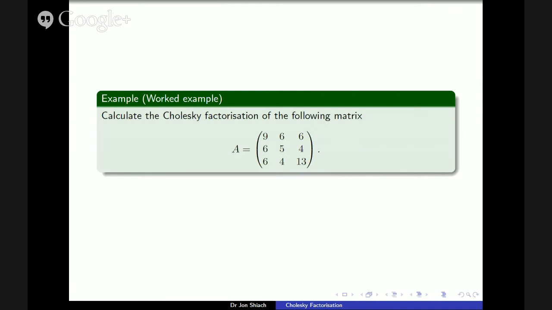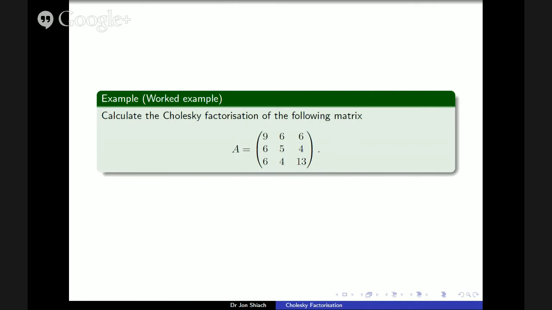So all I'm going to do is transpose this one and write it on the other side. So I've got L11, L21, L31, 0, L22, L32, 0, 0, L33. Okay, so that's what I've got to equate.